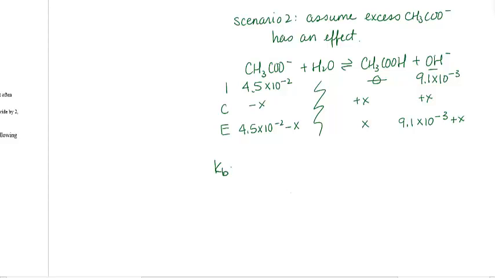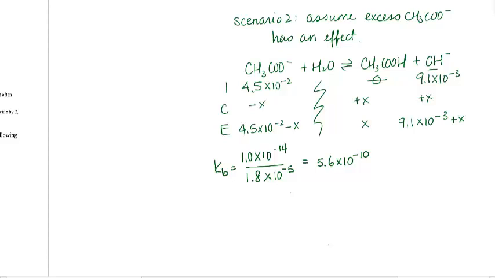So the Kb over here is going to be 1.0 times 10 to the minus 14 divided by the Ka, and we get 5.6 times 10 to the minus 10.